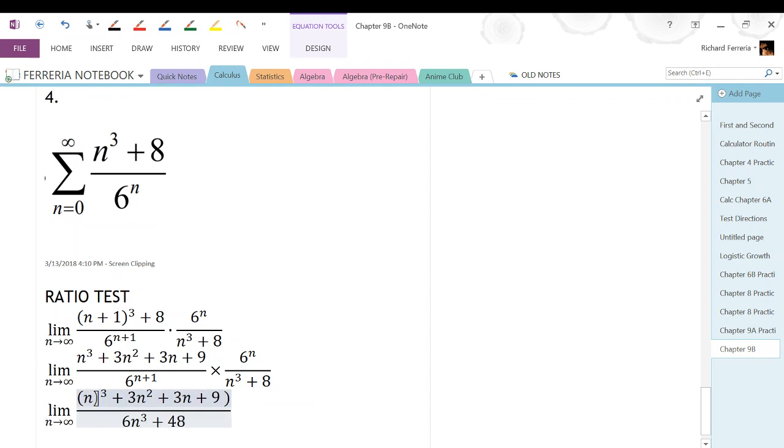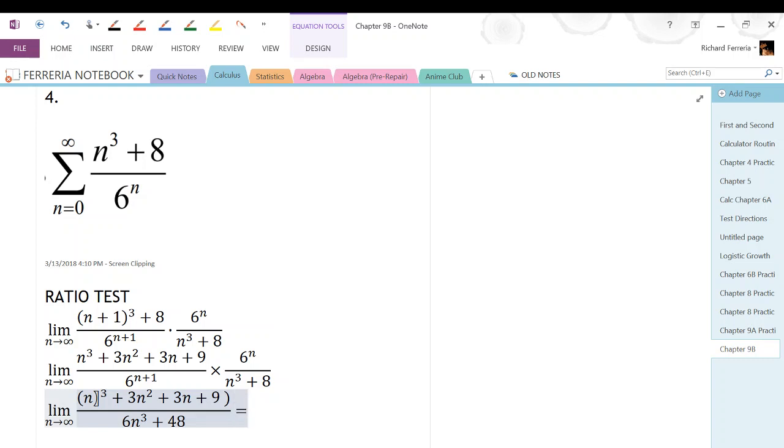Just showing all the steps. Is that okay? You could also just go n plus 1 over n cubed, and then it goes to 1. Yeah, that works too. Okay, cool. The main thing here is that this limit's going to be 1/6. Are we agreed here? This limit's 1/6. Yes.